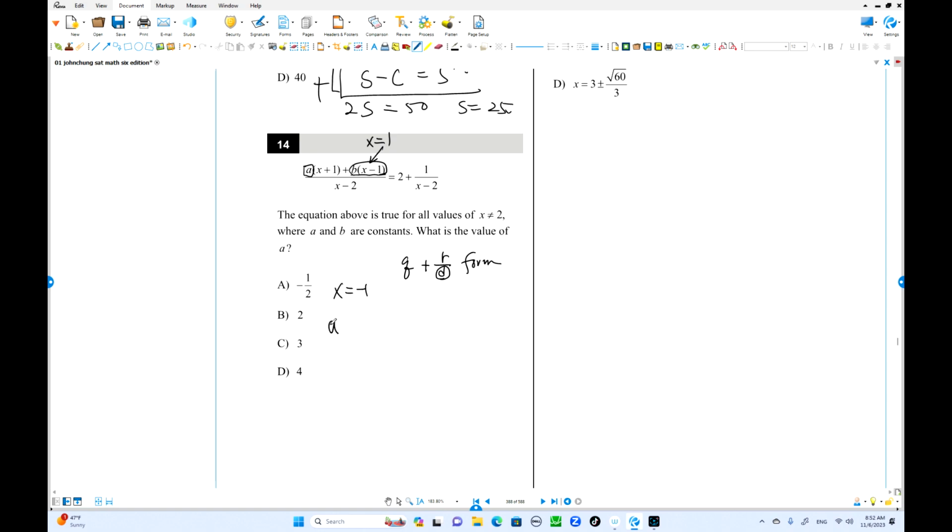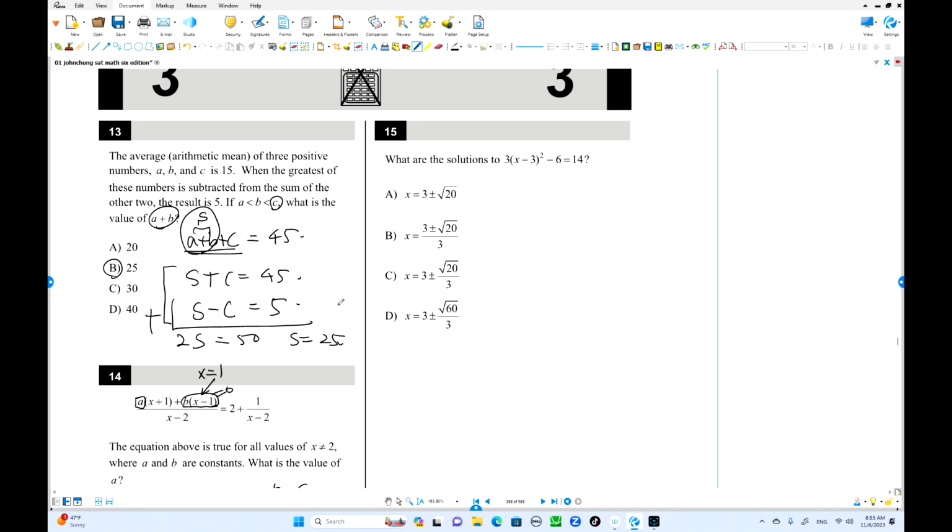So 8 times 1 plus 1 is 2. This is 0 over 1 minus 2, which is negative 1. That equals 2 plus a over negative 1, which is equal to 1, okay? So actually 2 minus a equals 1, isn't it? Negative 2a equals 1, okay? So a equals how much? Negative 1 over 2 is the answer, okay?